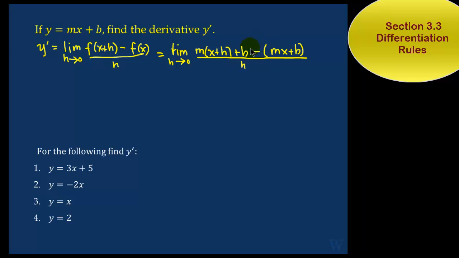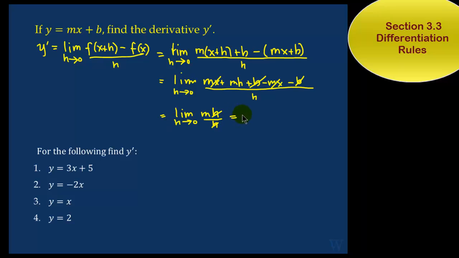We can simplify terms here. If we take the limit of mx plus mh plus b minus mx minus b, whole thing divided by h, as h approaches 0, this cancels out, and we are left with the limit of mh over h, and of course that's equal to m.